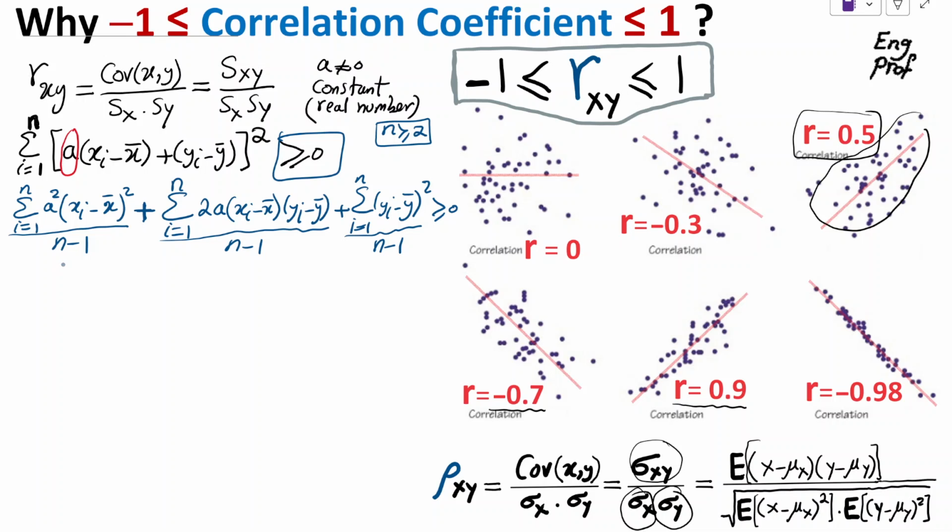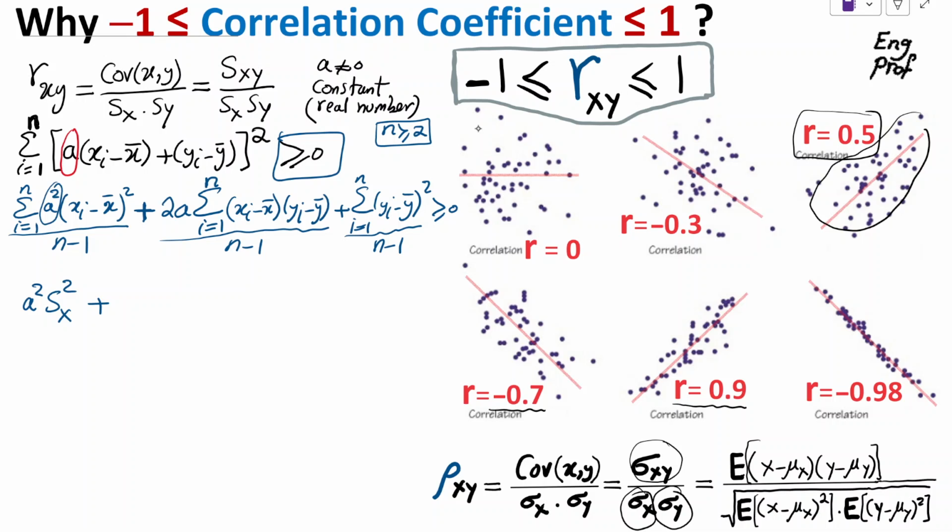Now, the first term here is obviously s_x squared, because if you take the square outside of the first term, it just becomes the definition of a variance, or the square of a standard deviation. The second term here is the definition of 2a times, so take 2a outside, just to sort of visualize it, and put the sigma there.